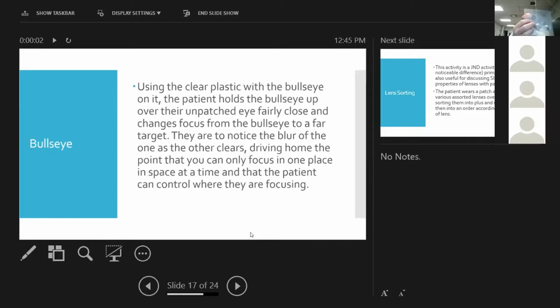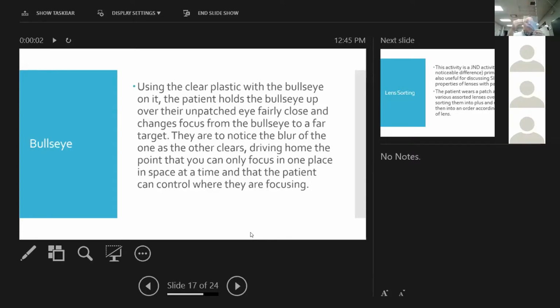So whether you're using the bullseye or the letters, basically you're going to get an object, and sometimes we'll use a clock on a wall, or we'll put a heart chart up on a wall. And basically, again, having a patch, I won't put the patch back on, they're going to look through the target to the object of regard.